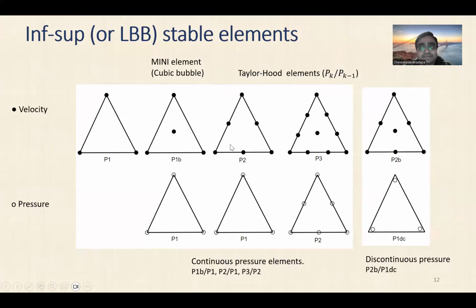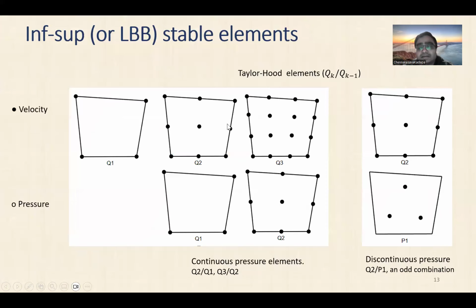This is for triangular elements, and for quadrilateral elements we have very similar combinations. In terms of the Taylor-Hood element, again we have Qk and Qk minus 1. For order k basis function for velocity, we take order k minus 1 basis function for pressure, for example Q2 Q1, Q3 Q2.